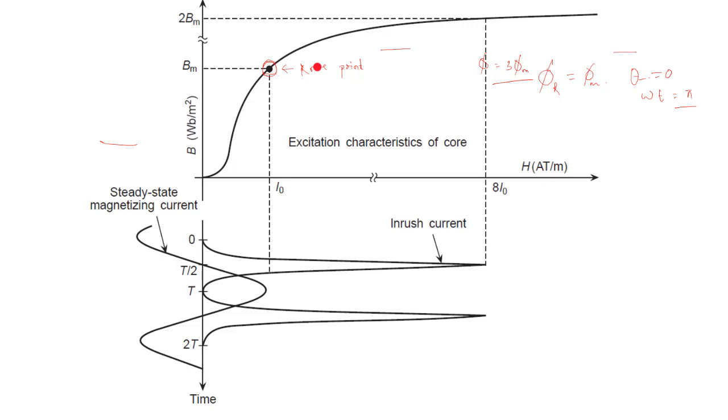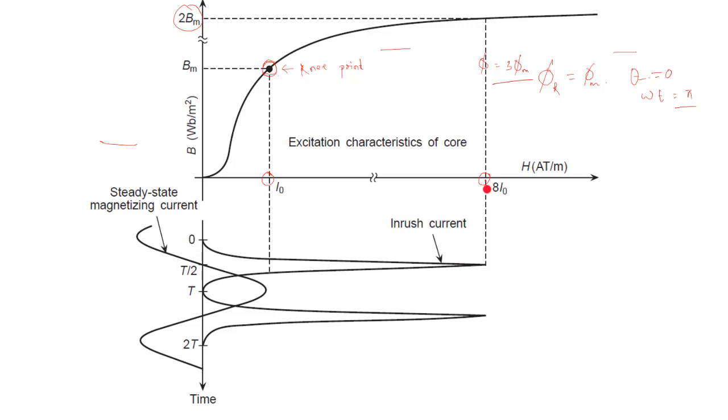This is your magnetization curve, because beyond the knee point your core gets saturated, so the magnetizing current will become very high. Therefore at 2 Bm even the magnetizing current is very high, around 8 I0, where I0 is the normal magnetizing current.